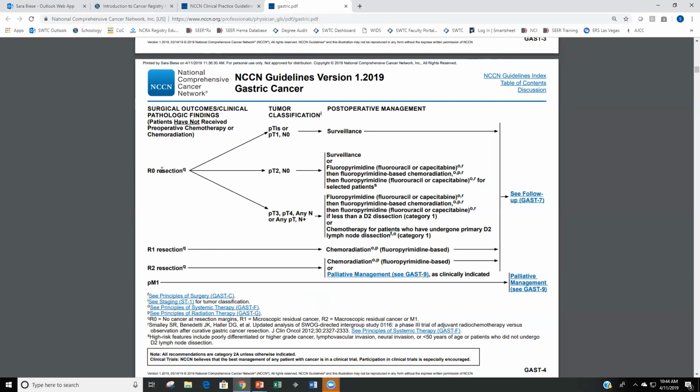All right. So if you have negative resection margins and the tumor ended up being in situ or a pathologic T1 and N0, no nodes were positive, the patient would go to surveillance. If they had a T2 tumor with negative lymph nodes, they could do surveillance or chemotherapy.